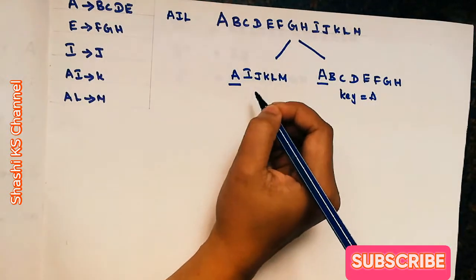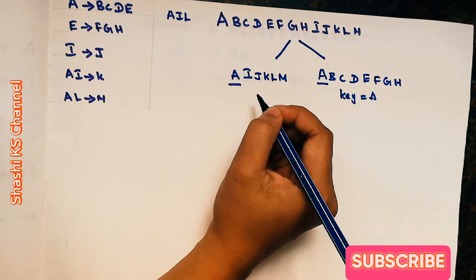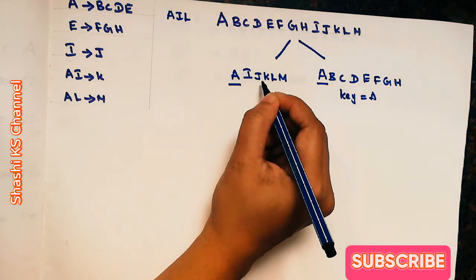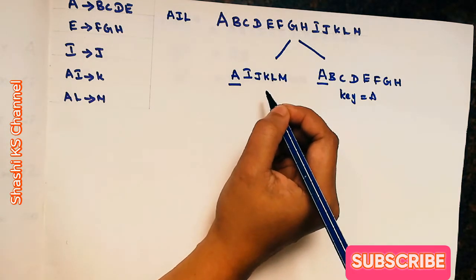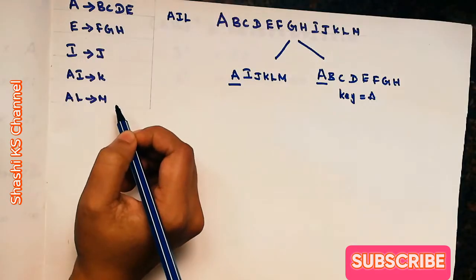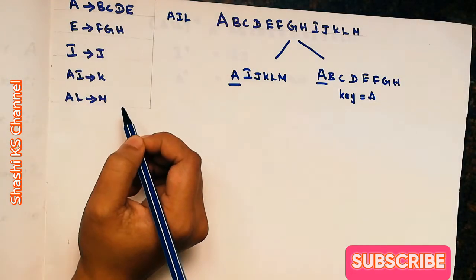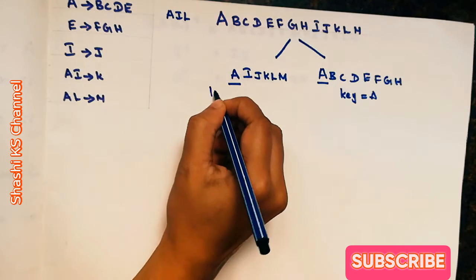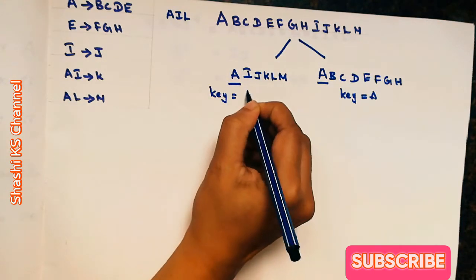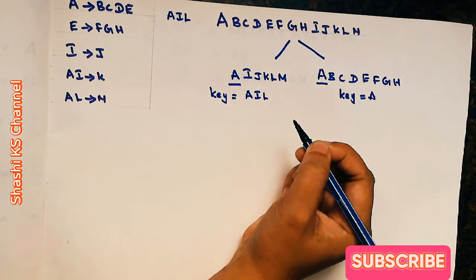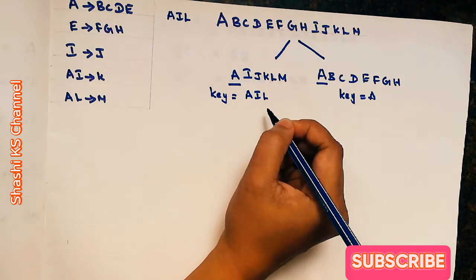And what is the key for this relation? The key for this relation involves the attributes A, I, L. As I told before, A, I and L are not there on the right hand side of any functional dependency, so there is no way you can determine A, I, L. So the key should be A, I, L. Since you have A, I and L in the set of attributes in your relation, they should be in the key, because otherwise you will not be able to derive them.